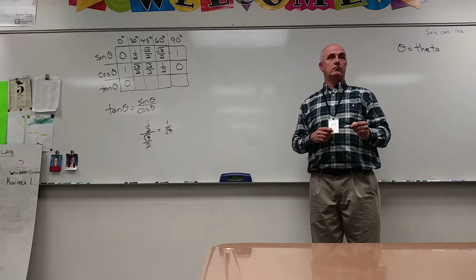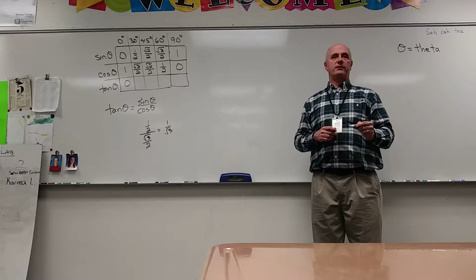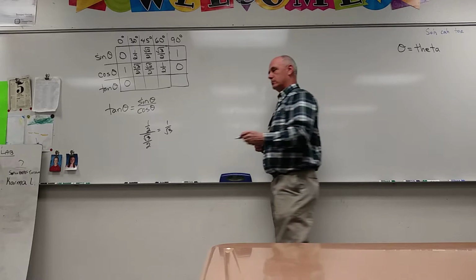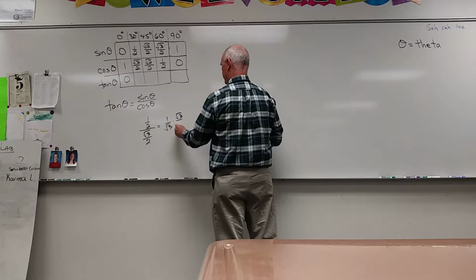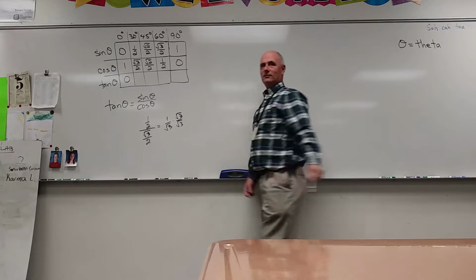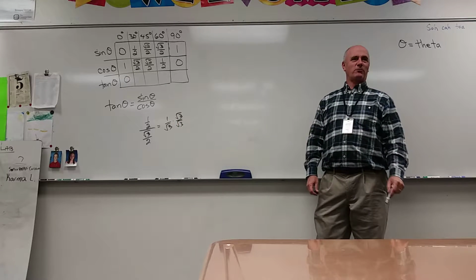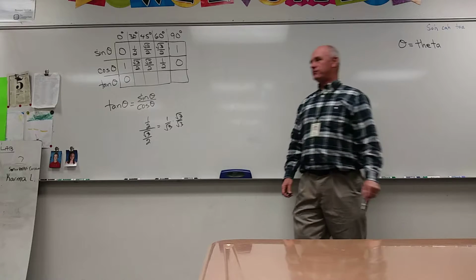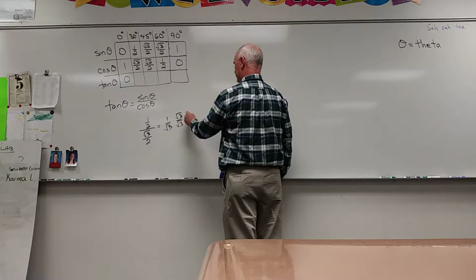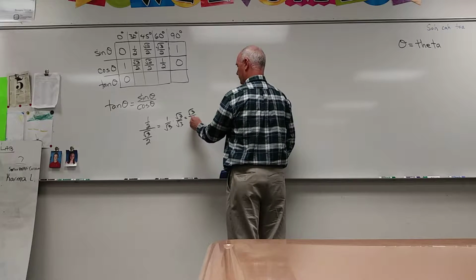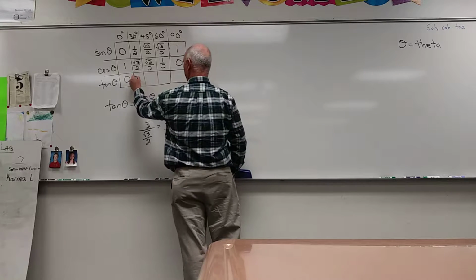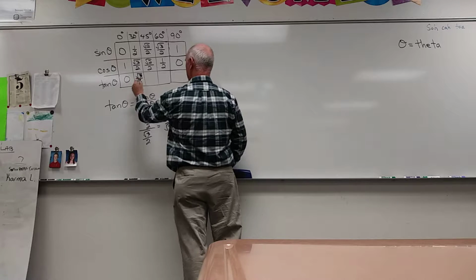But we can't have a radical in the denominator, so multiply by square root of 3 over square root of 3, which gives us square root of 3 over 3. So the tangent of 30 degrees is square root of 3 over 3.